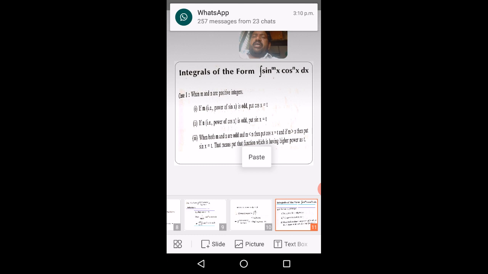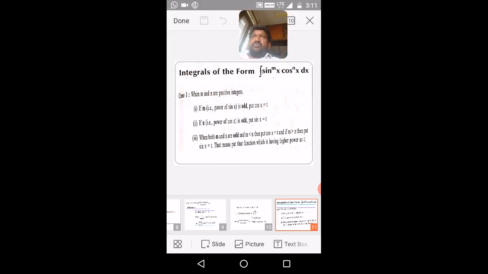If both have odd powers, then you go for the comparison of powers. If m is less than n, that is, the power of sin x is less than the power of cos x, then put cos x equal to t. That means the function with the higher power should be substituted with t. Here m is the power of sin x and n is the power of cos x.